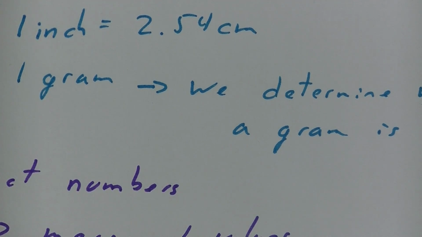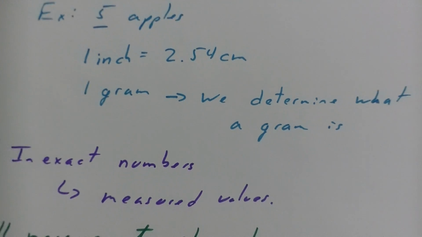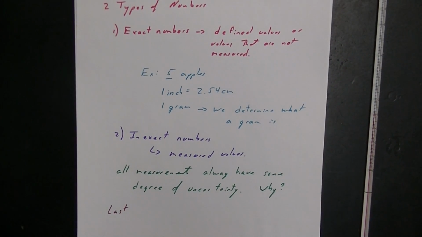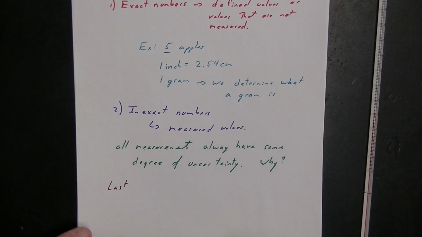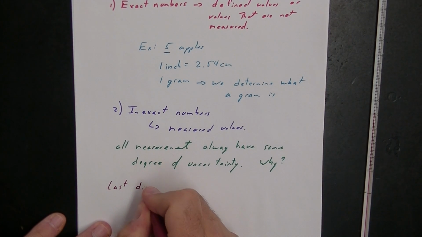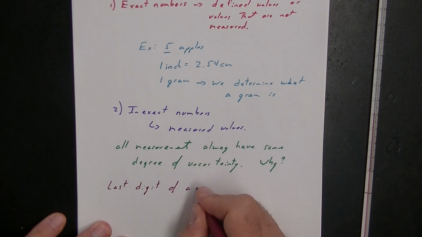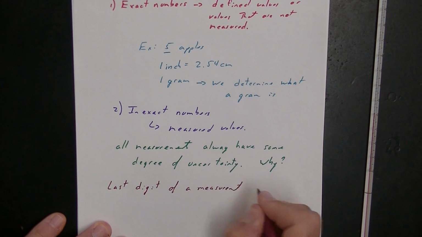So the last digit of a measurement is an estimate.